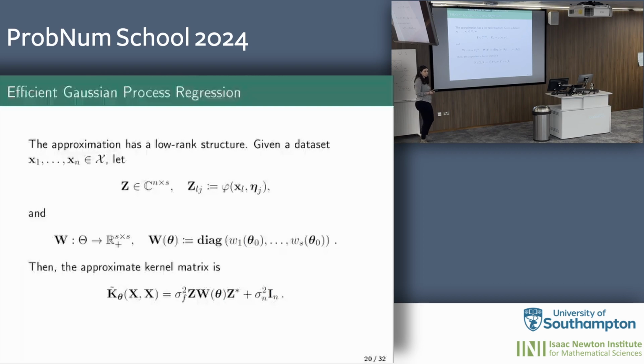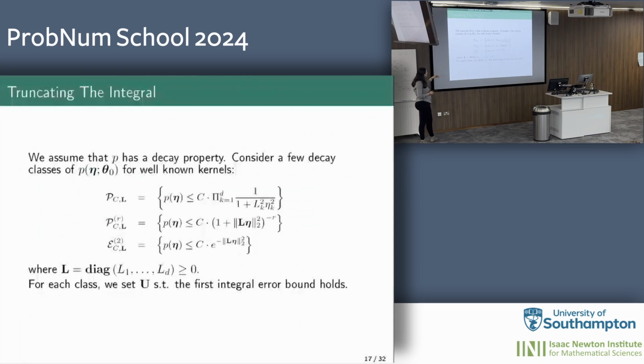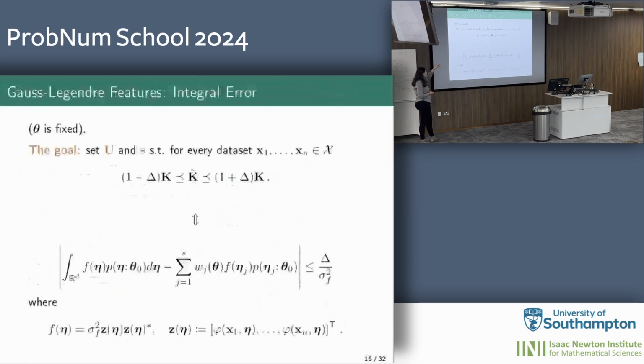Let's say I take this as a statement that most kernels have this structure, the integral structure. Yeah. Maybe, but the spectral equivalence holds for this approximation. So this is the spectral equivalence, basically, and it's the same as doing the quadrature error. If you write down this inequality in terms of the integral, that's what you get.